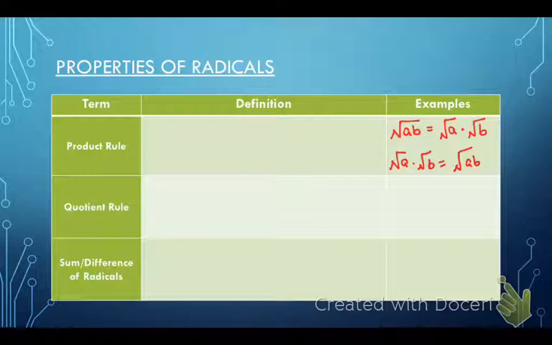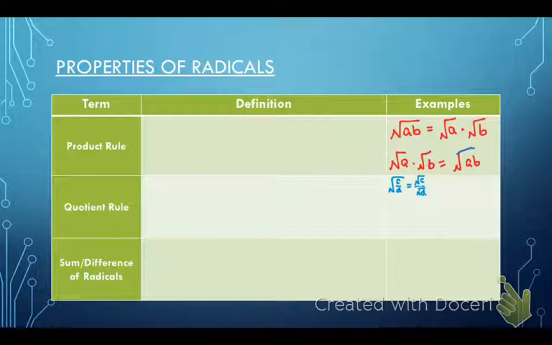The quotient rule is really the same idea, is that if you have anything underneath a radical, like C over D, I can basically just split it up to where I have the square root of C over the square root of D, and vice versa.